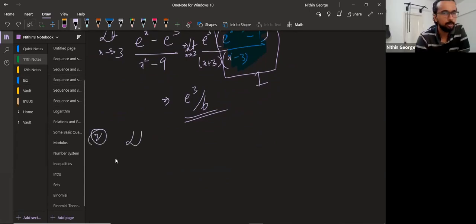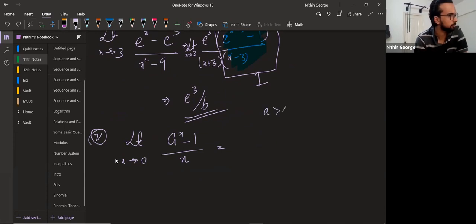The second one would be limit x tends to 0, a power x minus 1 divided by x. What will this come out to? Here a is a permissible value. A is greater than 0, it's a constant, and a is not equal to 1. What will happen to a power x minus 1 divided by x?